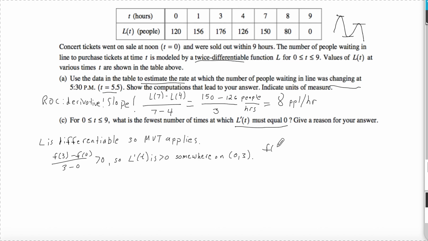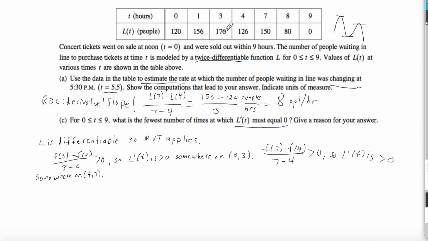I could say f of 7 minus f of 4 over 7 minus 4 is going to be greater than 0. So L prime of t is greater than 0 somewhere on the interval 4 to 7. Right? I can show those two things pretty quickly.